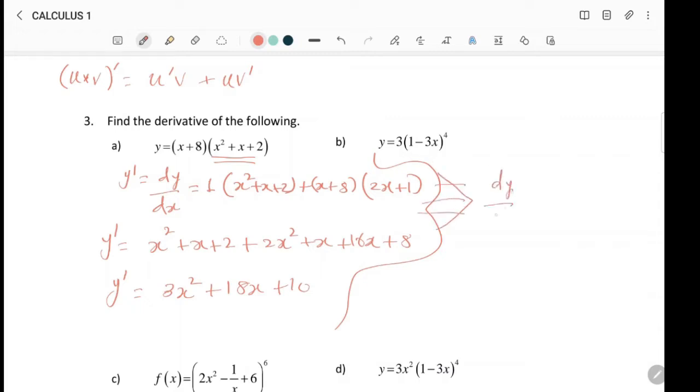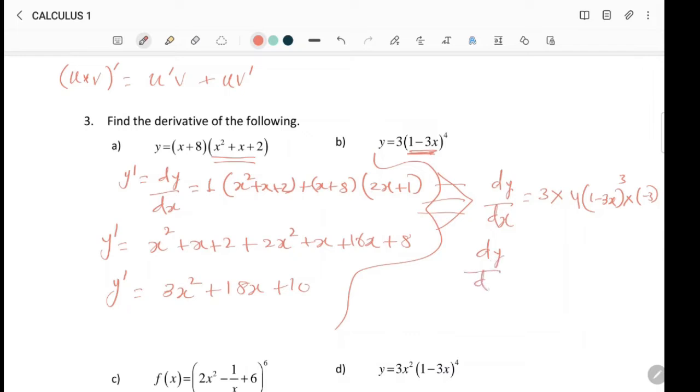dy by dx. So 3 will be 3, then times 4 will come in the coefficient, and (1 minus 3x) to the power 4 minus 1, which is 3. And we have to apply chain rule, 1 minus 3x differentiation, which is minus 3, right?